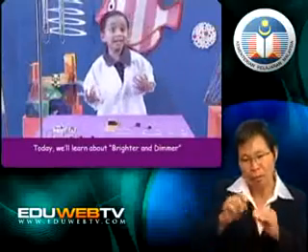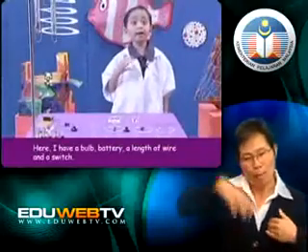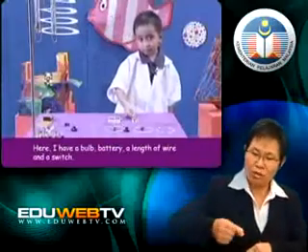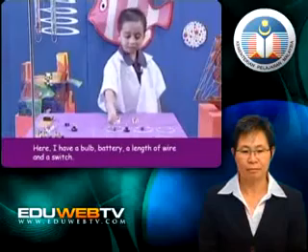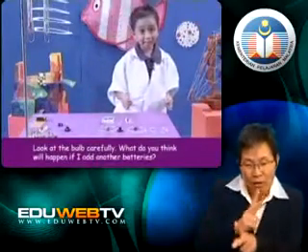Today, we will learn about brighter and dimmer. Here, I have a bulb, a battery, a length of wire, and a switch. Look at the bulb carefully. What do you think will happen if I add more batteries?